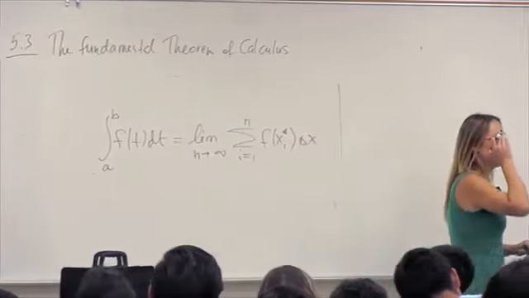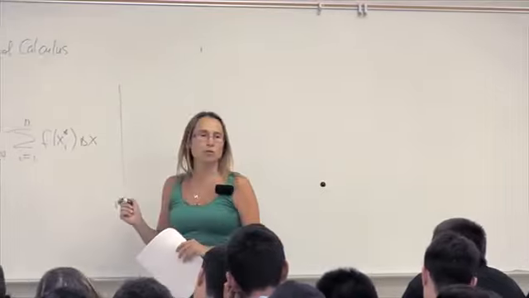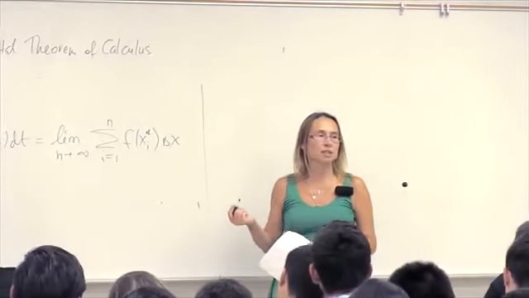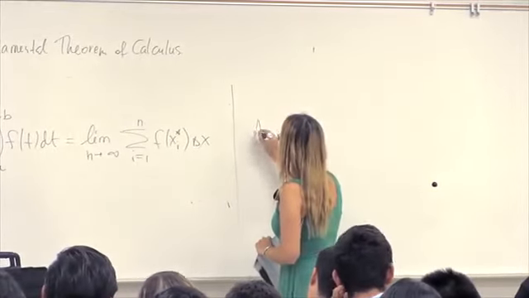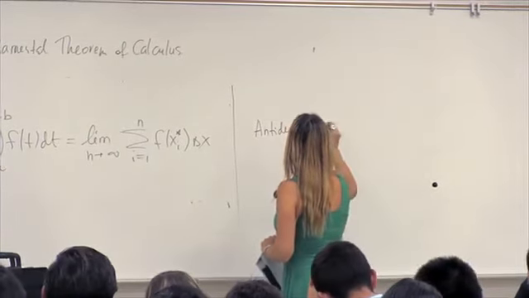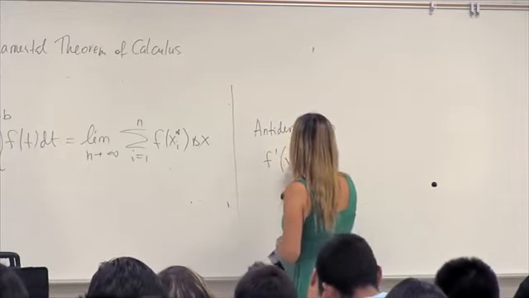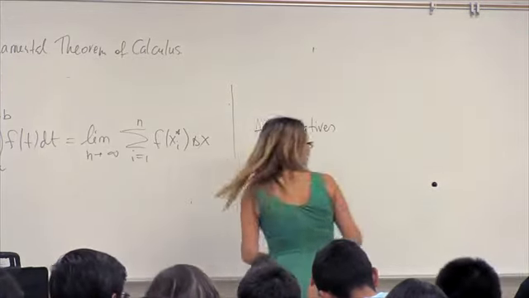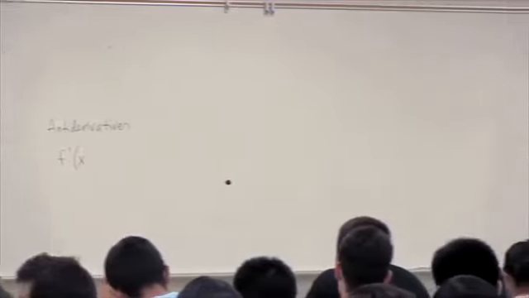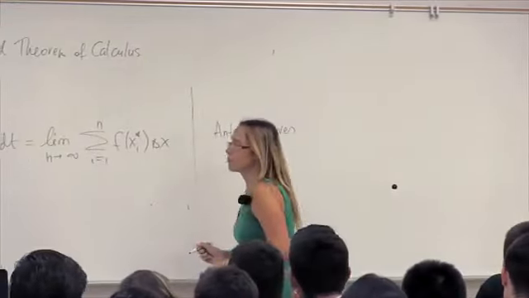On the other hand, from calculus 2a, you know all about functions, their derivatives and antiderivatives. So if f prime, sorry. So let's just write it f of x, okay?